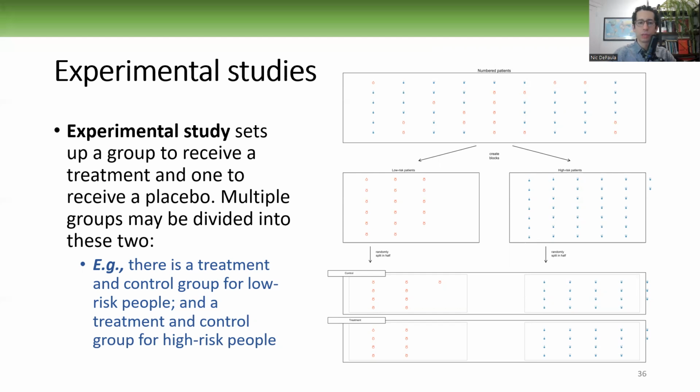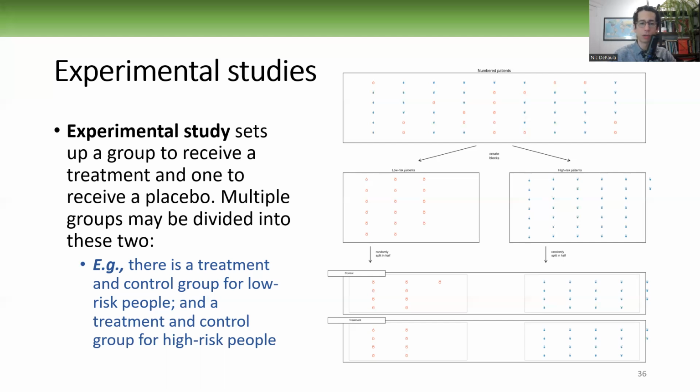Multiple groups may also be divided into these two, control and treatment. So often we may not just have a treatment and a control group, but if there's another variable that is very influential in impacting your outcome of interest, then we may have to separate the population into groups.